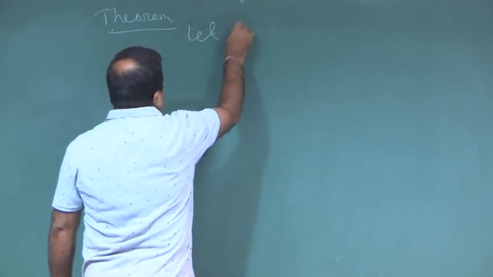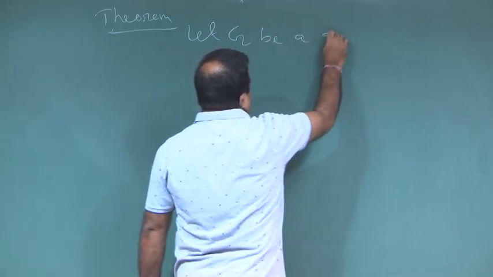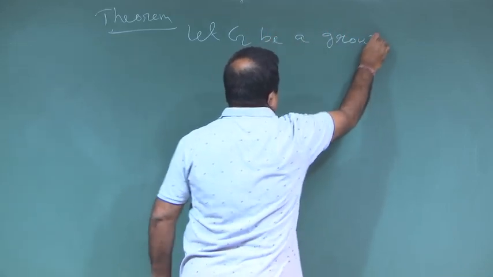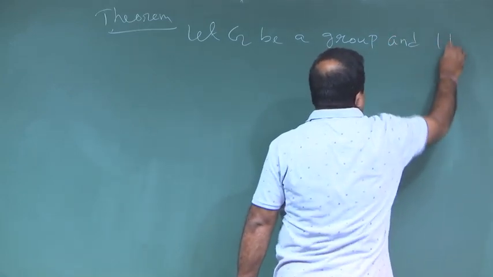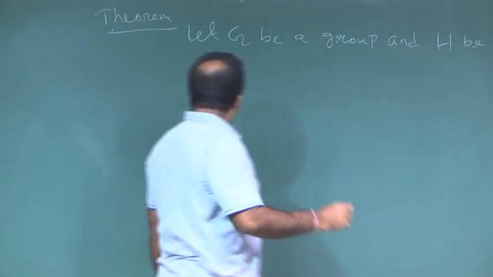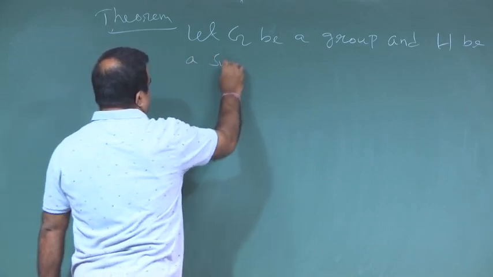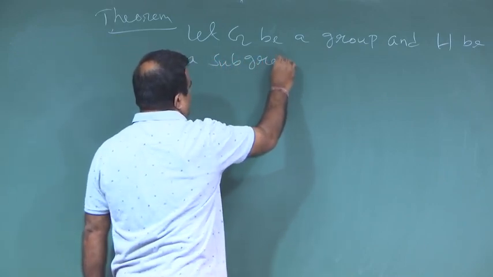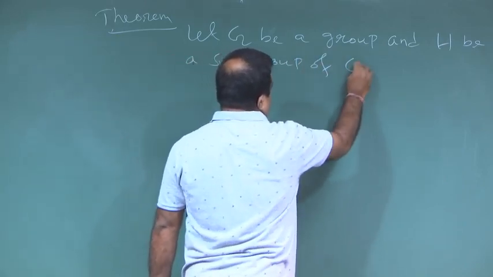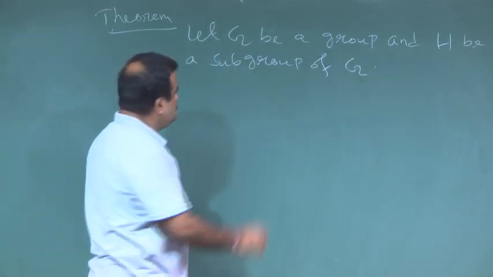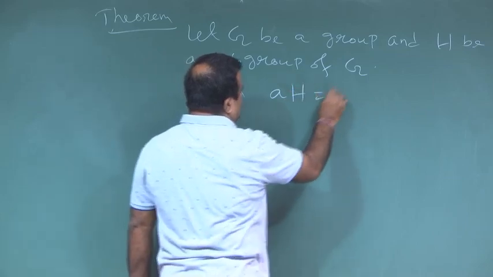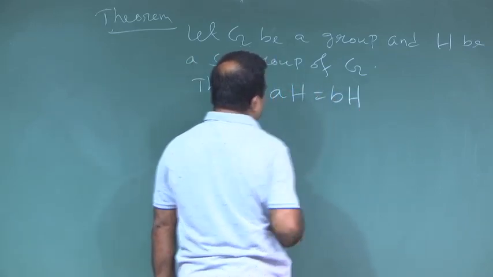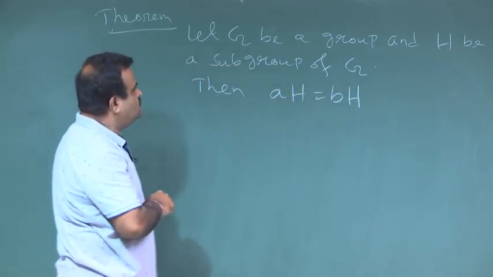So, let G be a group and H be a subgroup of G. Then AH equal to BH. So, we know either they are disjoint or they are the same.